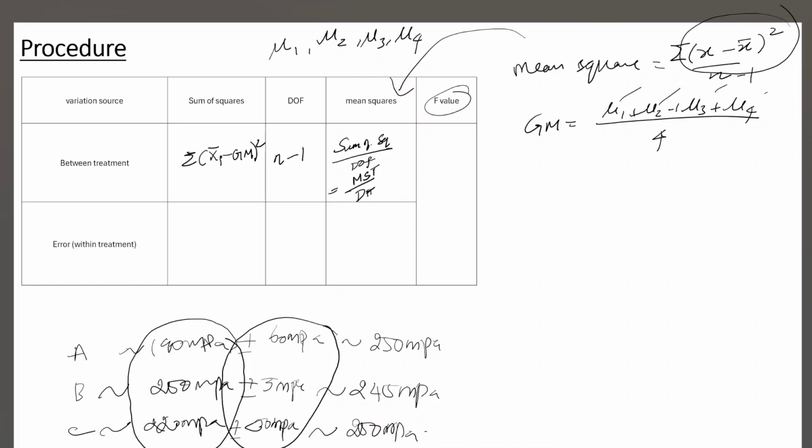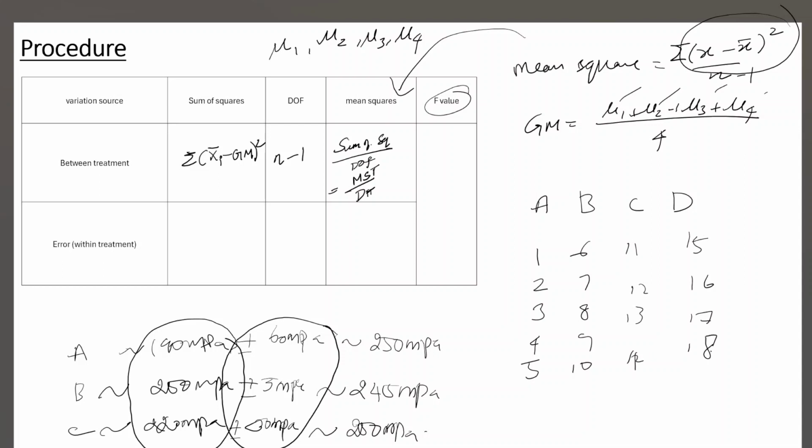For this, let me make it even more clear with an example. If I am taking four groups, let's say A, B, C, D, with samples one, two, three, and so on.